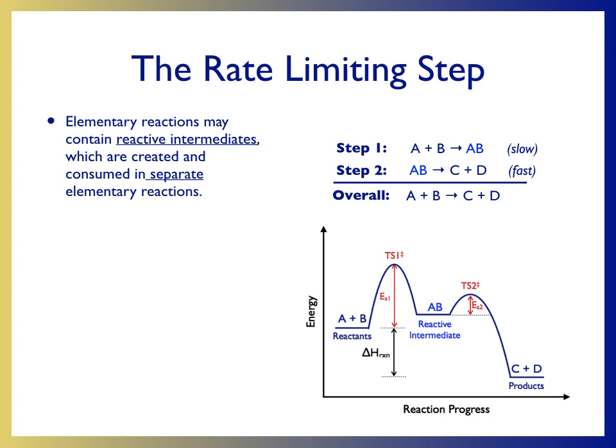And then the second step shows that the reactive intermediate decomposes to form C plus D. If you look at the energy profile, it shows the relative energy between the reactants, A plus B, products, C plus D, and the reactive intermediate. Note that the reactive intermediate has the highest energy on the reaction profile.